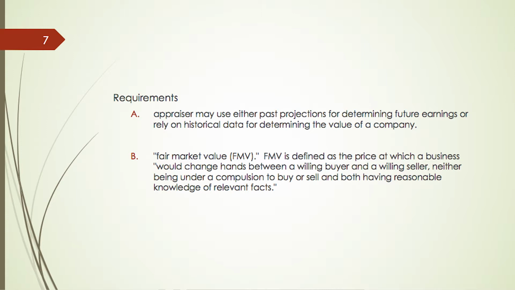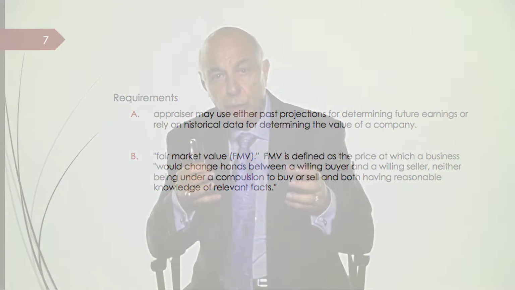Matter of fact, you've heard of this under slide number 7, I got B there. What's the fair market value of anything? It's what a willing buyer and a willing seller agree to, assuming they're both independent. So if a business is being sold to a third party, it's unrelated, and your client comes in and has a contract, the pressure's off of you.